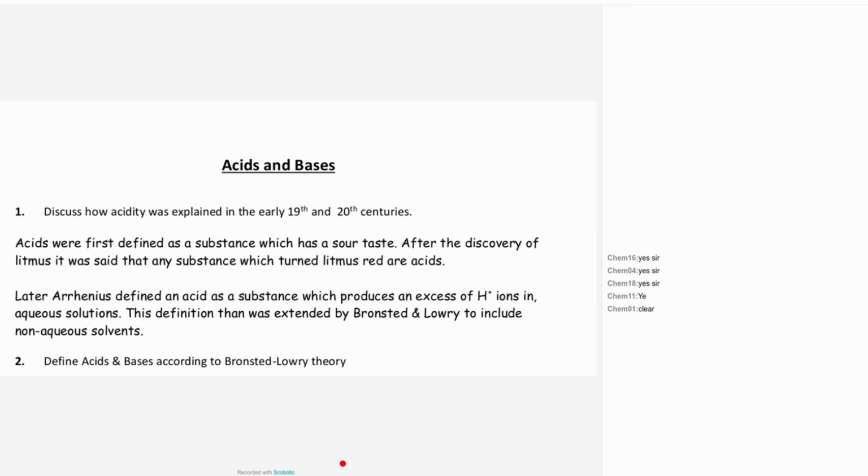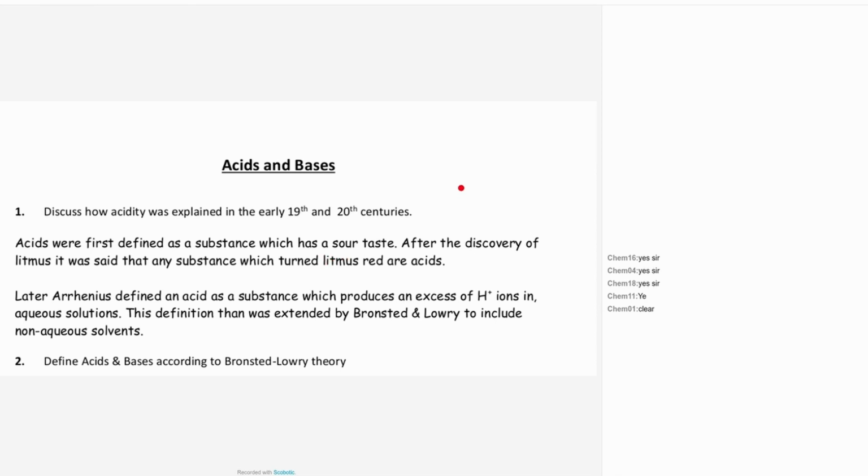That means anything which has a sour taste, they classified as acid. And afterwards, once the litmus was discovered, they said that any substance which turned litmus solution or the litmus paper red was defined as acid.